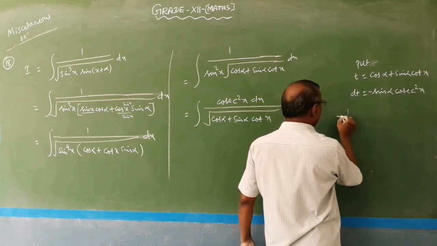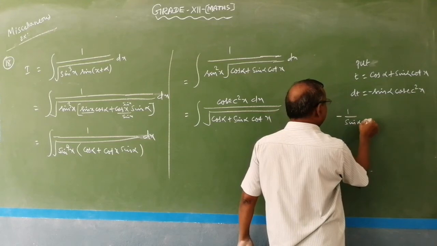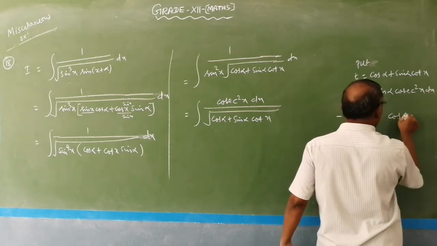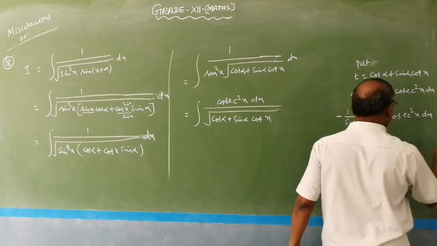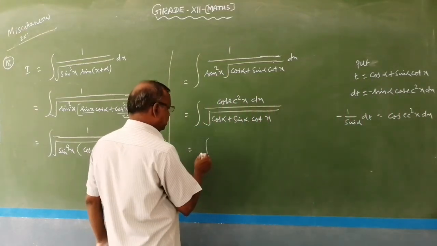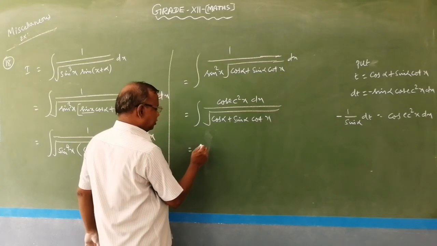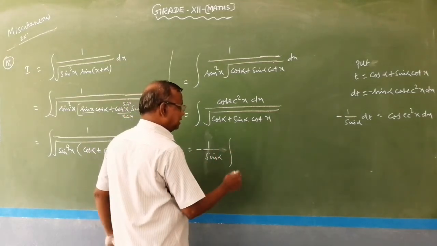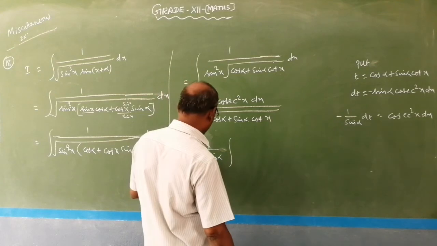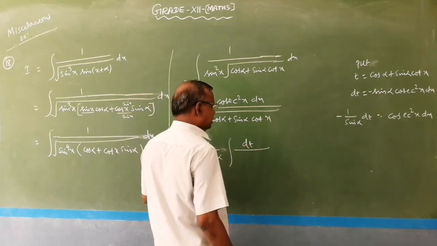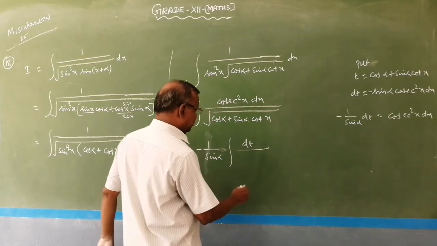So minus 1 by sin alpha into dt equals cosecant square x into dx. So I is expressed as minus 1 by sin alpha, a constant we can take outside the integral, and the numerator is dt, the denominator is t power 1 by 2.